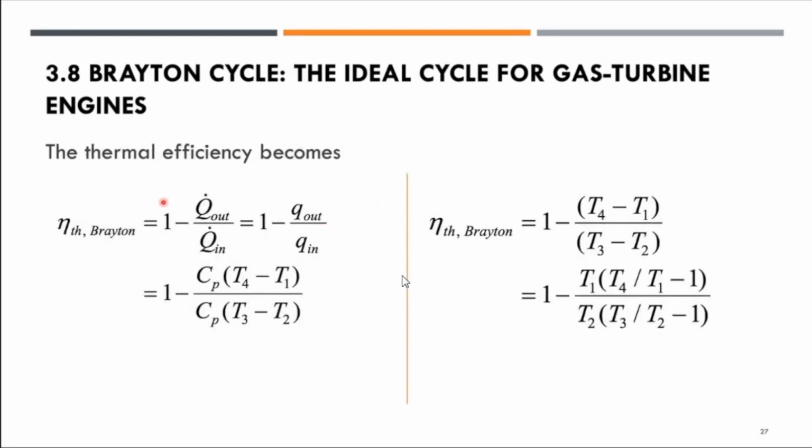Hence, the thermal efficiency can be written as this expression, where we replace all the information that we have already got. We know Q out, we know Q in, we put them inside the expression and rearrange everything. You will get the thermal efficiency in terms of the temperature at all stations: temperature 1, temperature 2, temperature 3, as well as temperature 4.